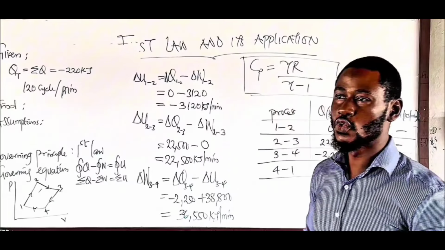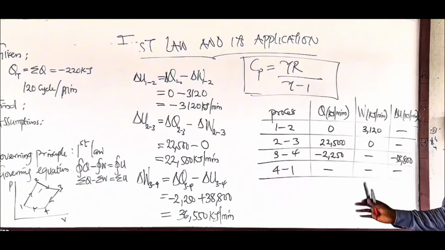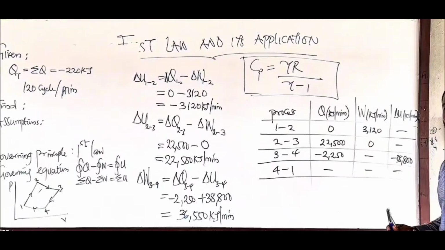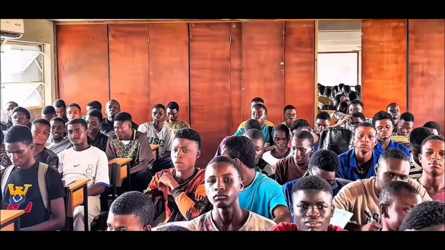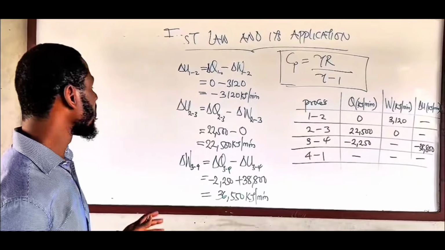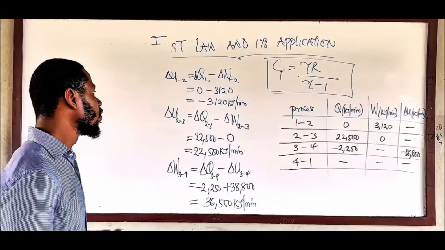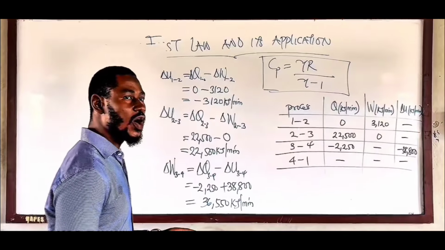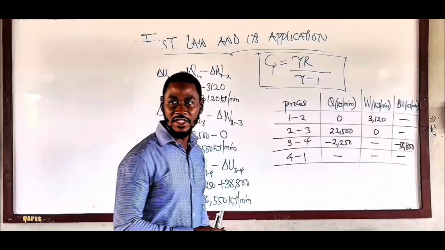The next process is process 4 to 1. If you look at process 4 to 1, all the energy interactions Q, W, and change in U were not given. So we need to determine that. Since the system completes 120 cycles per minute, you will notice that the units of Q, W, and U are in kilojoule per minute.